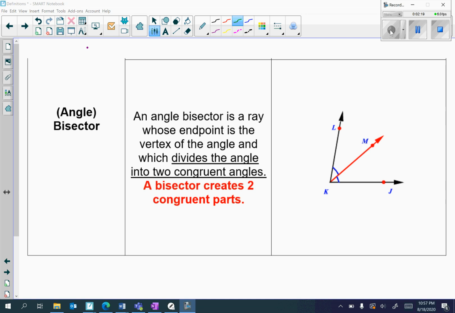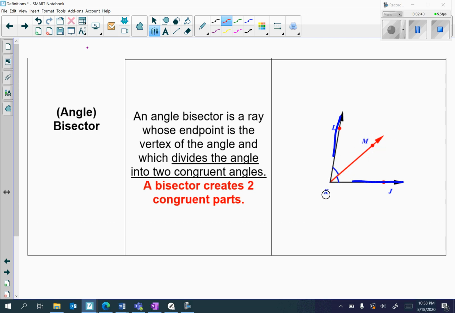So this time, instead of having a line segment, we have an angle. So for example, I have angle LKJ. And this ray, KM, is bisecting this angle into two congruent angles.